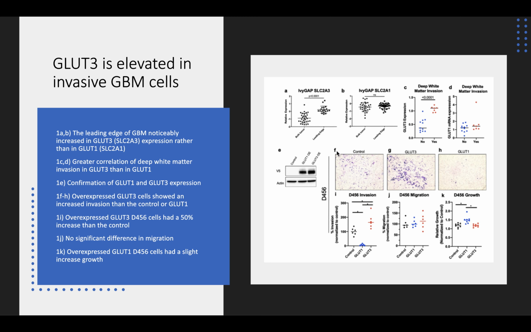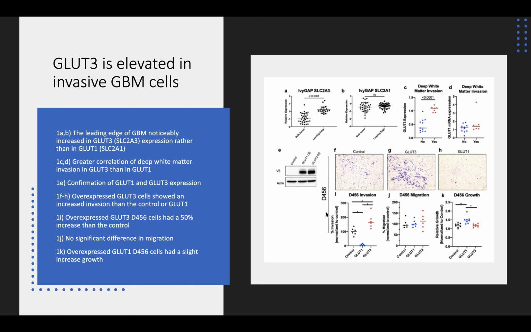As it relates to 1F through 1H, for 1F, we'll be looking at the control of the D456, the N1G, and this all relates to D456. In 1G, we see GLUT3. In 1H, we see GLUT1.